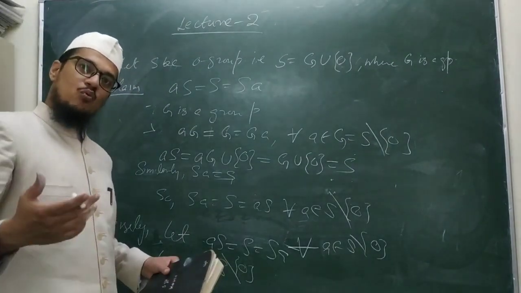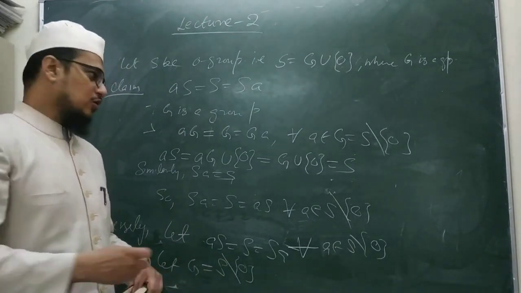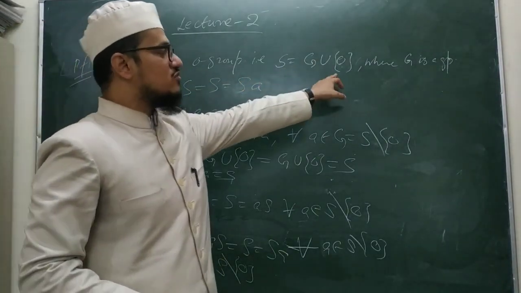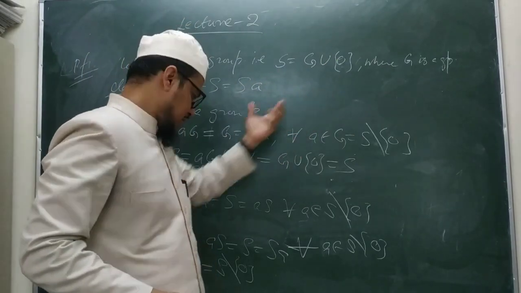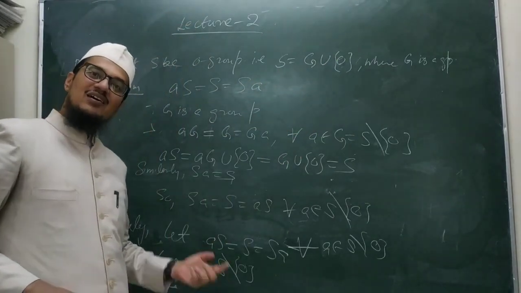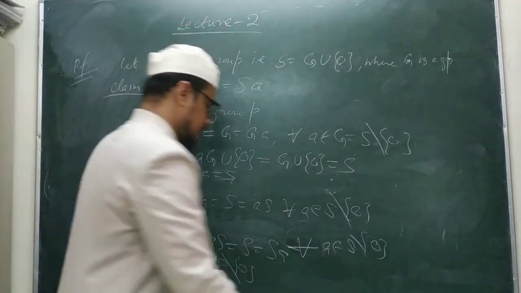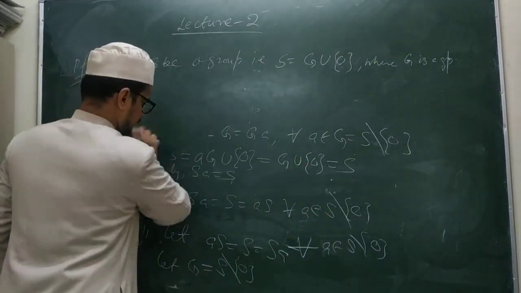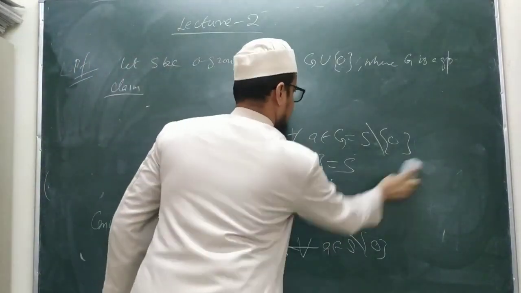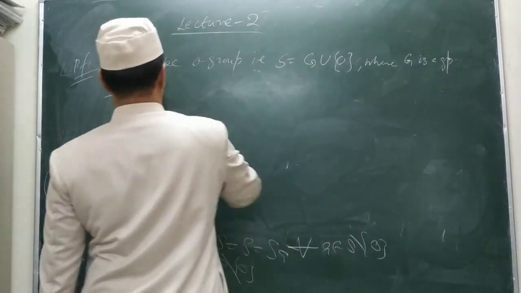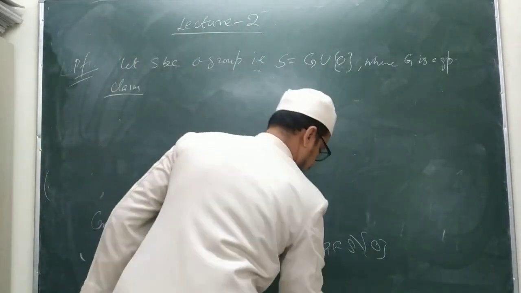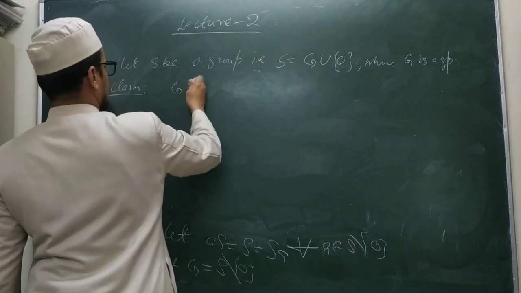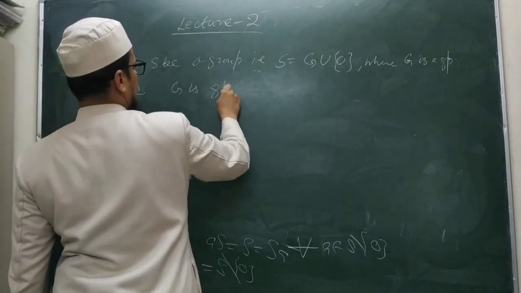Then think what we have to prove. In order to prove S is a 0 group, that is S is equal to G union 0, we have to prove that G is a group. Correct? So our claim is G is a group.